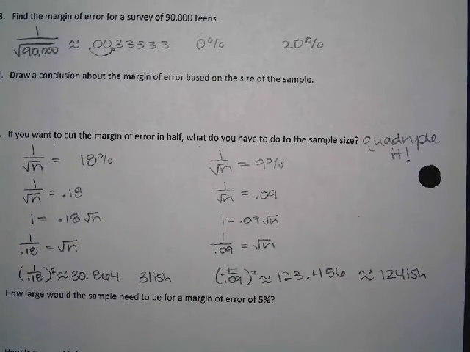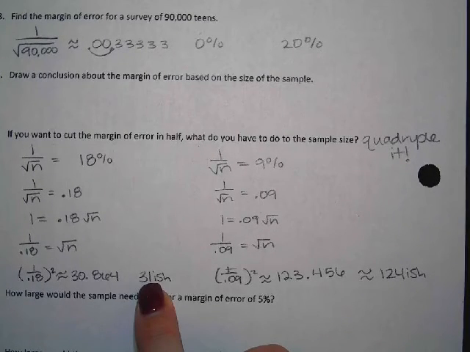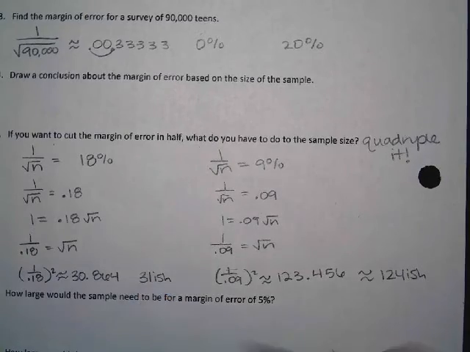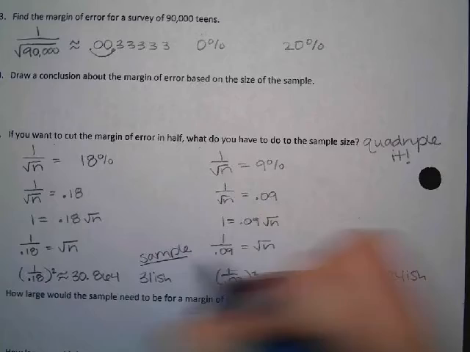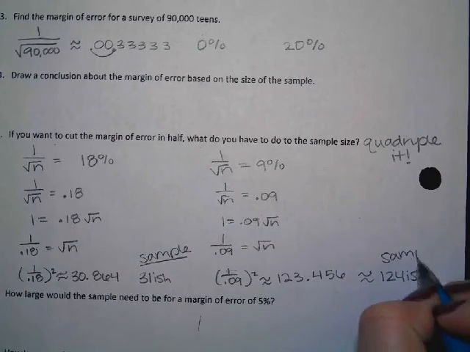We could have said we want our margin of error to be 50%. Then what would you have to do to get it to 25%? You'd quadruple it. So any number you chose would have worked. Quadruple the sample size. Yeah, so the 31-ish is the sample, and then we would need to quadruple the sample.